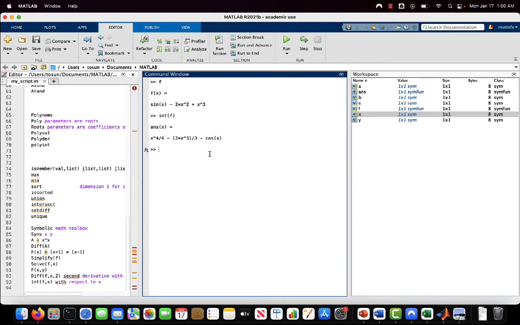And how about if we use a function with multiple variables, which is f, x, and y?